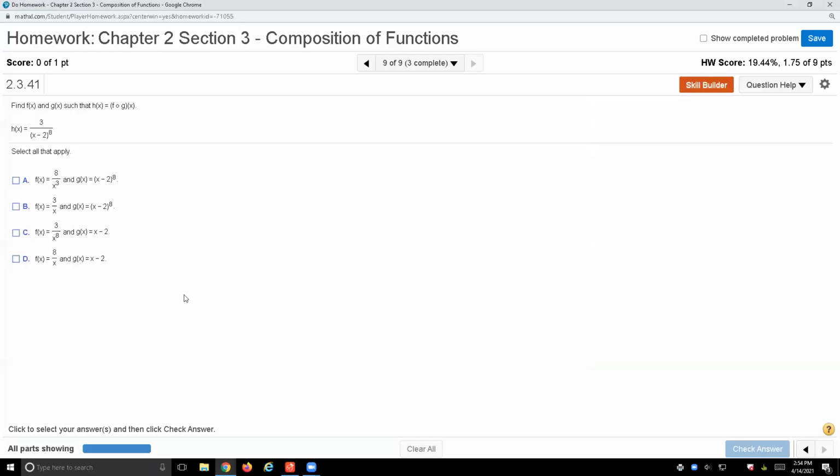Okay, and the last one here, number 9. 2, 3, 9. Find f of x and g of x if h of x equals f of g and h of x equals 3 over x minus 2 to the 8th.